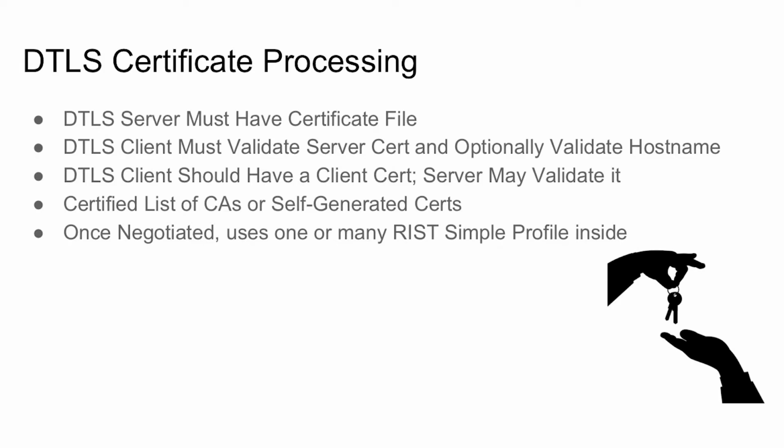DTLS process. Okay, I'm on this one. You may think of DTLS as HTTPS, like Zero mentioned, for UDP. It's the same process. To set up a tunnel, you use SSL certificates. The certificate can be self-generated or it can be certificate authority generated.